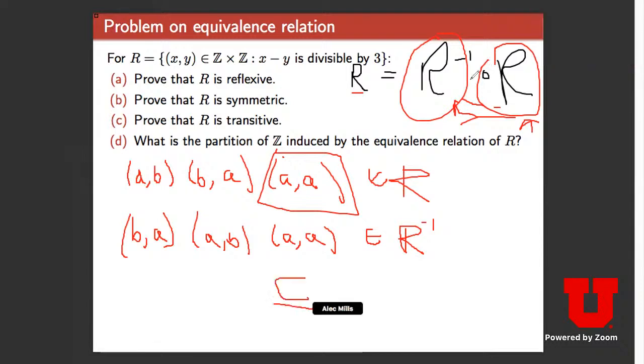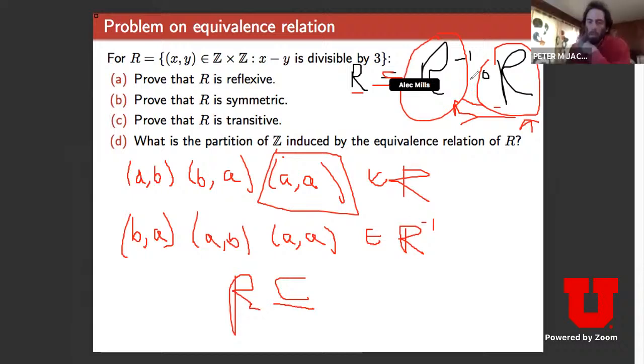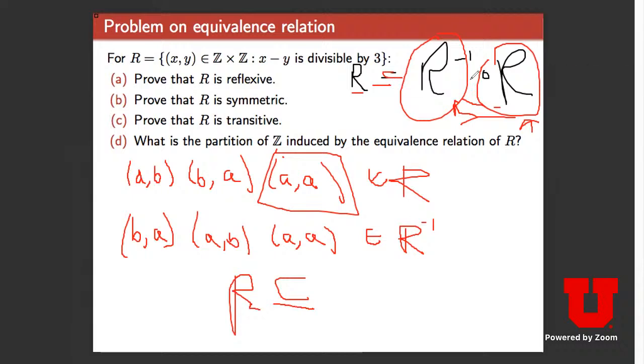I did the proof element-wise, showing that R is a subset and vice versa, how they've told us to do it in the past. But I was just wondering why the question isn't just prove R equals R inverse, because both of those are true, right?